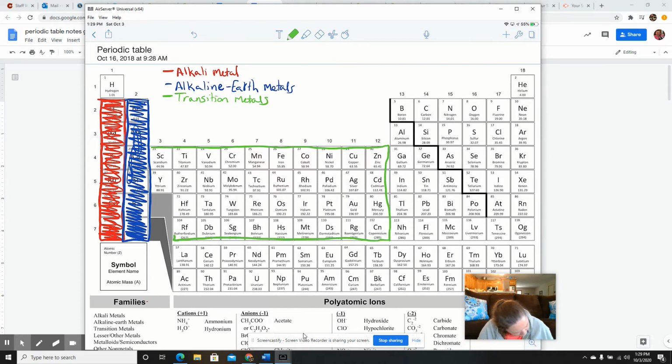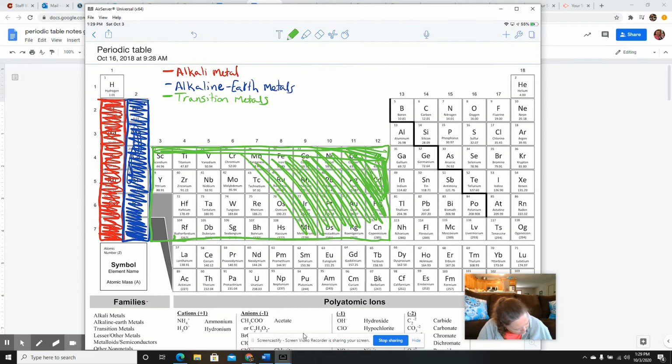Okay. Now, these bottom 2 pull-out rows, I am not going to color them green, although they are transition metals, okay? I could actually color them green, but they have other names that are more specific.